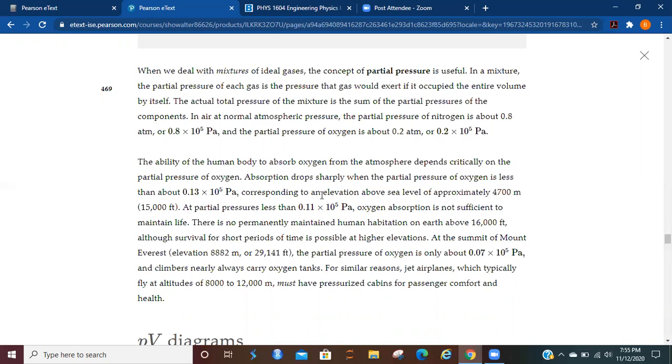If you look at our normal atmospheric pressure, the partial pressure of nitrogen is going to be 0.8 times 10 to the 5th pascals. The reason being, nitrogen is about 80% of the air that we breathe. The partial pressure of oxygen is going to be about 0.2 atmospheres.